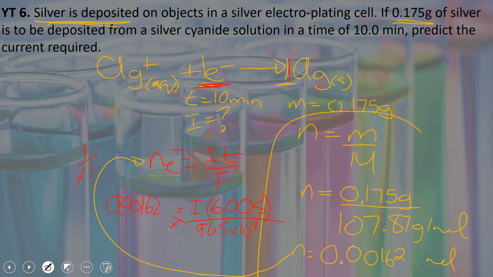Leaving me with the current equivalent to 0.261 amps. Let me check my mathematics. Divide that by 600, 0.261, okay. And sig digs, obviously, you need to remember.